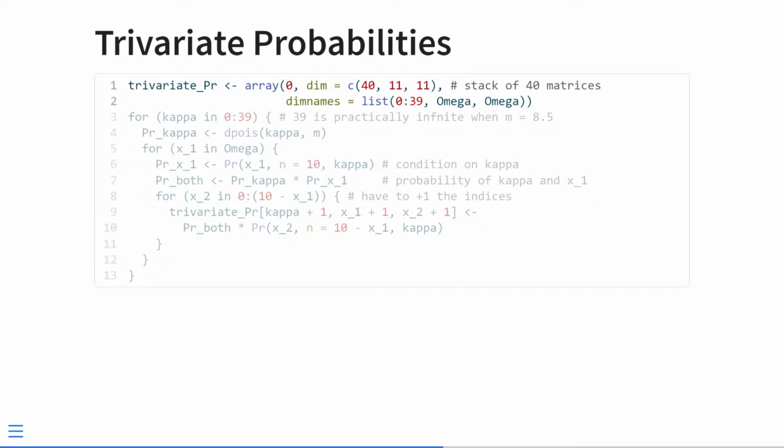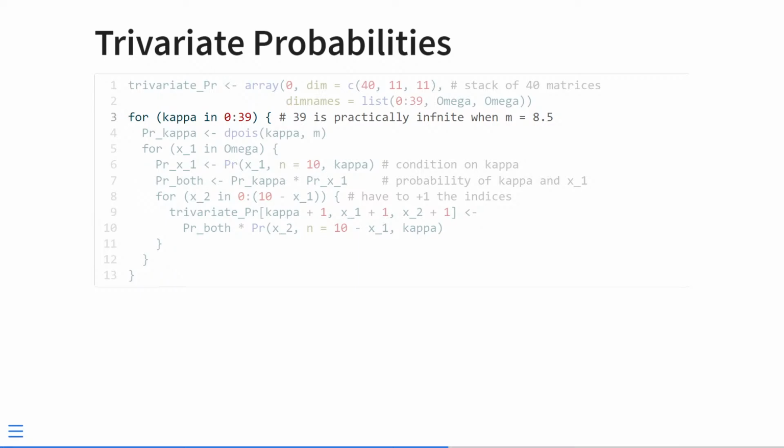Even though kappa can be any non-negative integer, 39 is practically infinite if the expectation is only 8.5. The probability under a Poisson prior with expectation of 8.5 of 40 or greater is so small that I don't even have to worry about it on a computer. It's going to be slightly greater than 0, like 10 to the negative 20th or something ridiculously small.